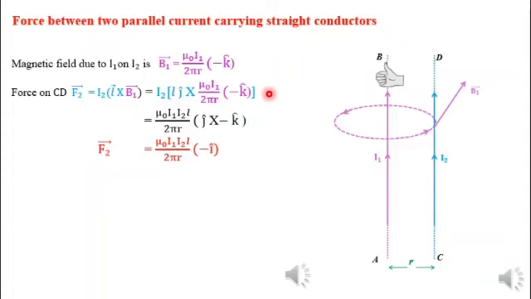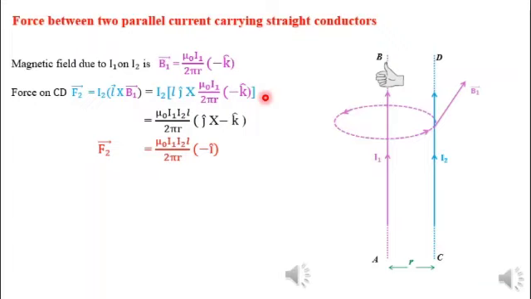Now, substitute the expression of B1. Then force is I2 into Lj cap, since it is along the y-axis, cross mu 0 I1 divided by 2 pi r into minus k cap.